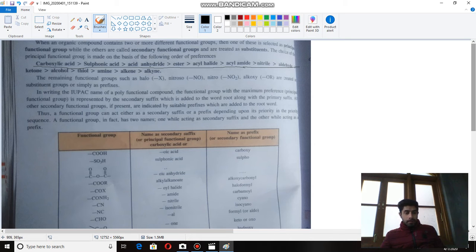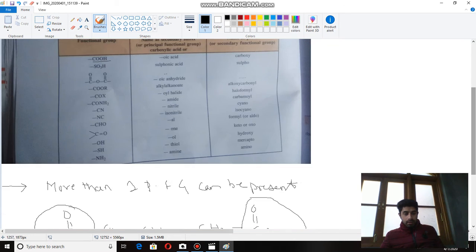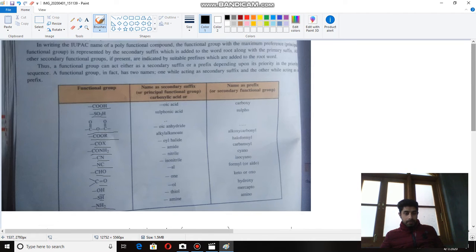Carboxylic acid is the most preferable functional group, then comes sulfonic acid. These are all written here: carboxylic acid, sulfonic, and then anhydrides, esters, halides, amides, cyanides, isocyanides, aldehydes, ketones, alcohols, thiols, and amines.